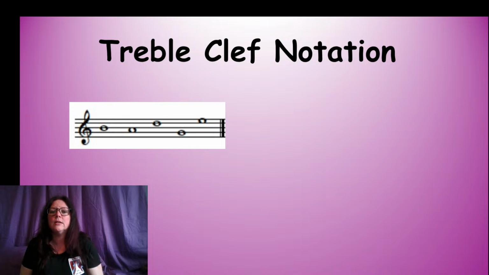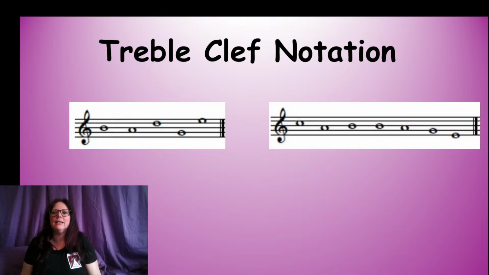They're all real words. None of these are made up words. So here's the second word. They're not related. It's not going to make a sentence. It is just a random word that we can write down using treble clef notation.